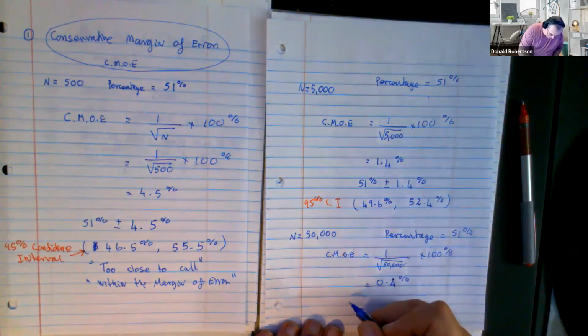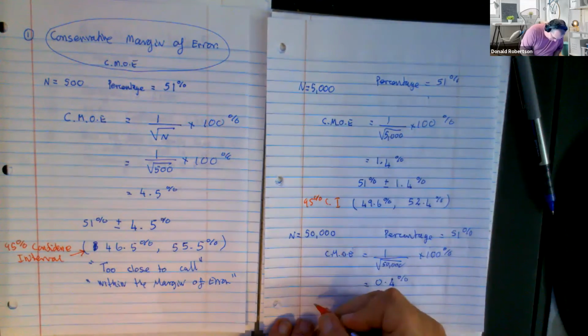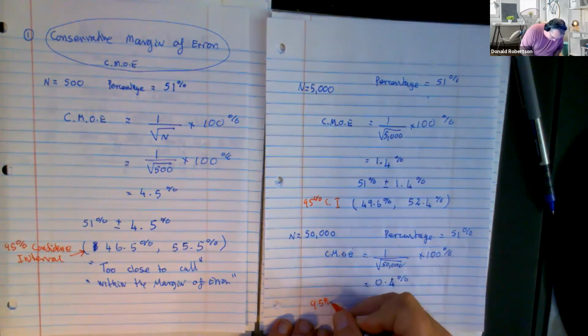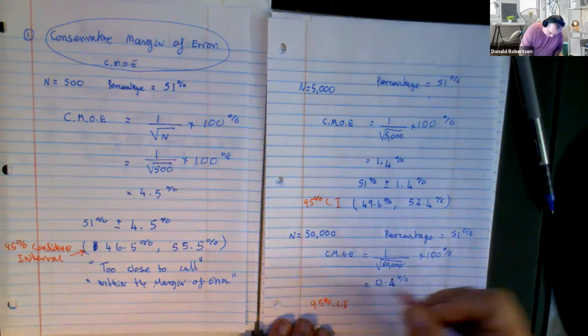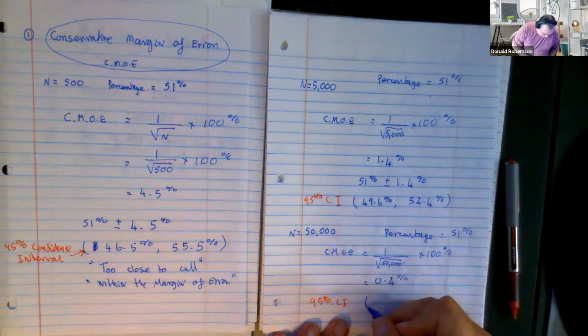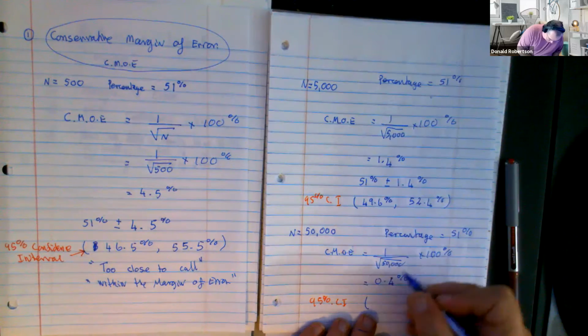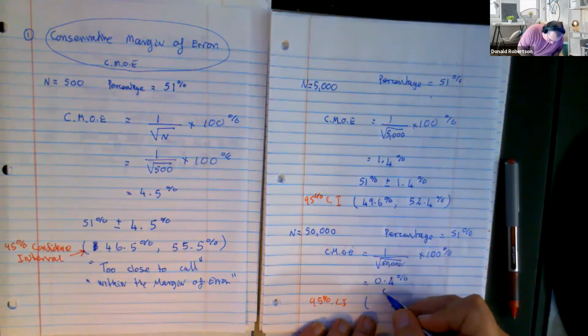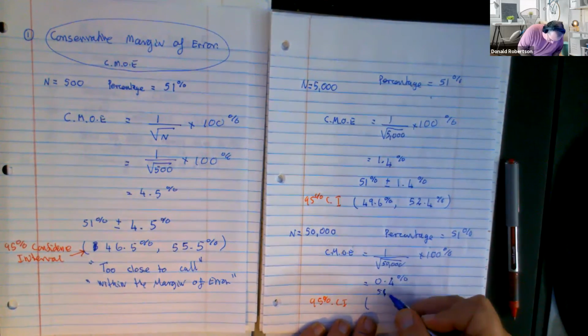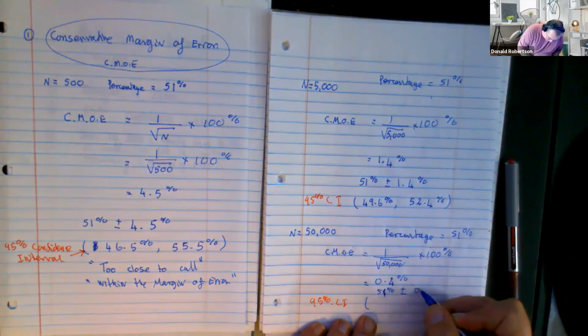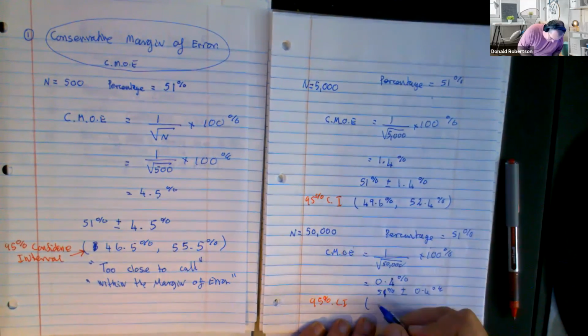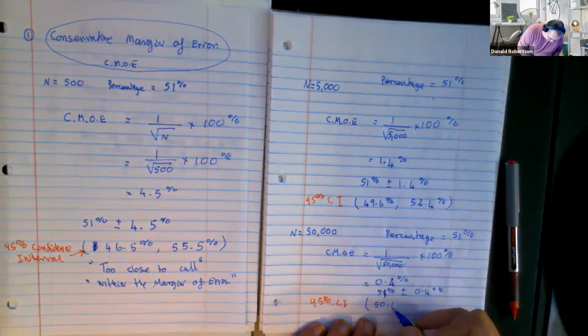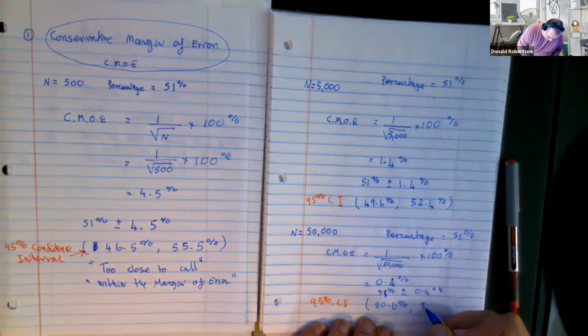And so the 95% confidence interval is 51%, give or take 0.4%. So that would be 50.6% to 51.4%.